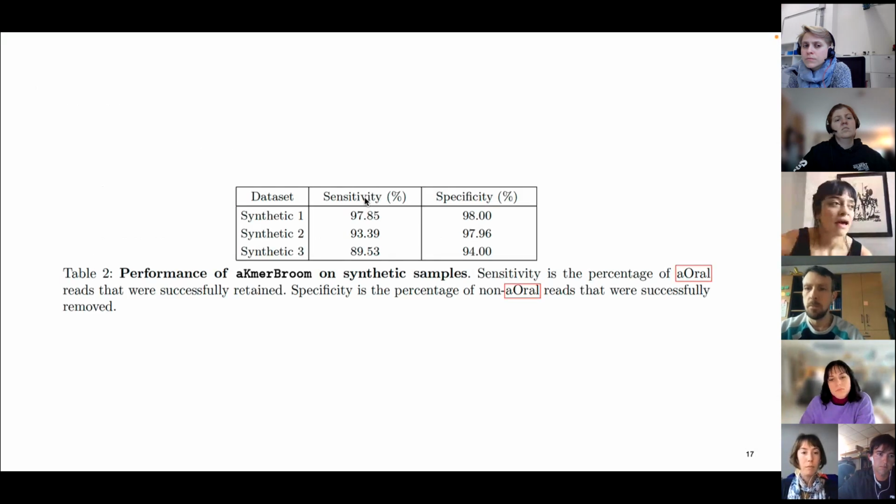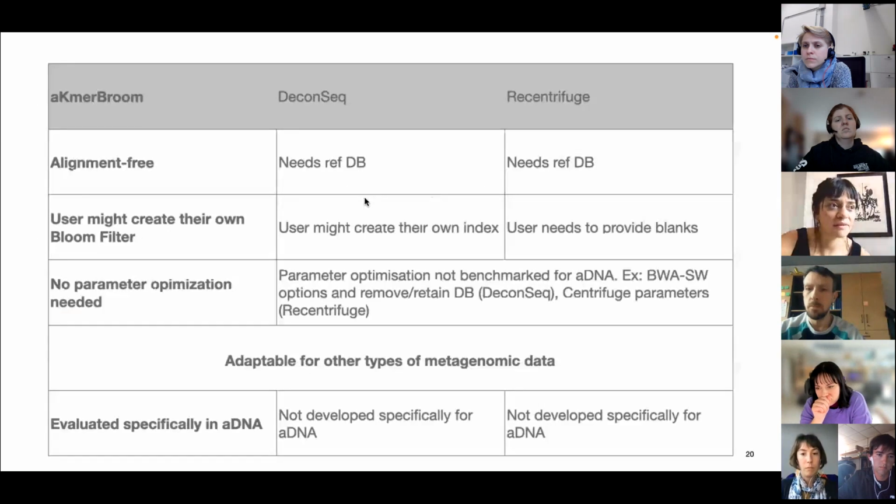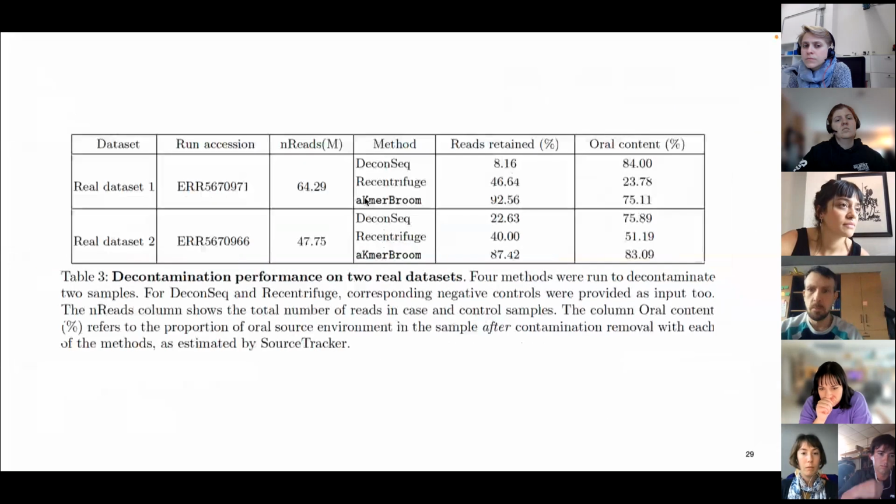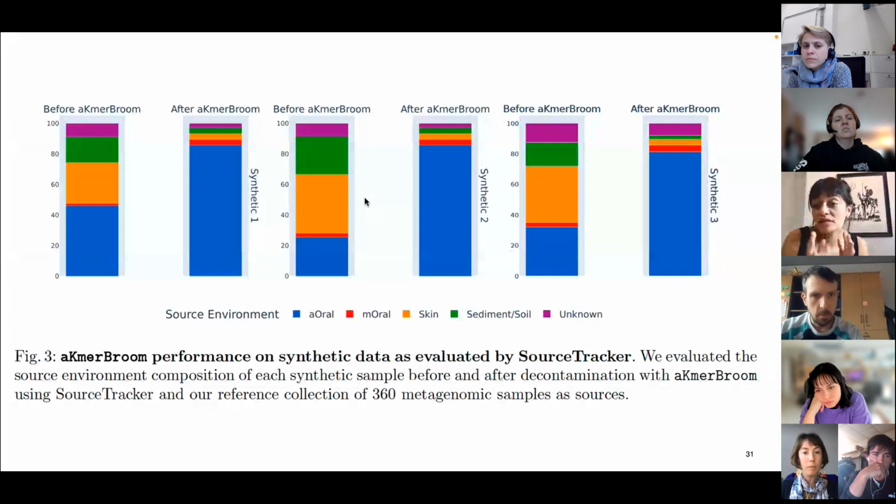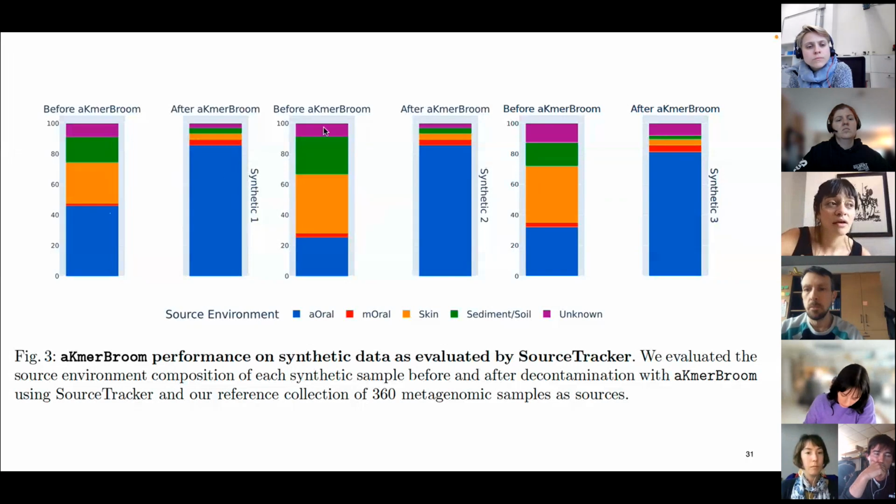Okay, maybe yes, by using source tracker. Maybe that would be the answer, but give me a second. Here, for instance, we use source tracker, but I wouldn't know specifically what things changed on the table. Just by running source tracker before and after removing the contamination with akmerBroom on the 3 synthetic data sets, you can see that the oral content, which is this blue and red bar, is larger right after removing the contamination.